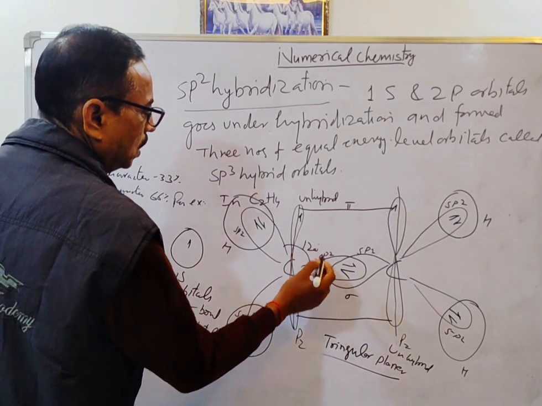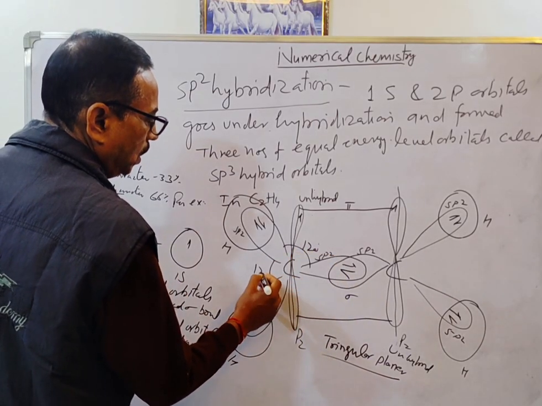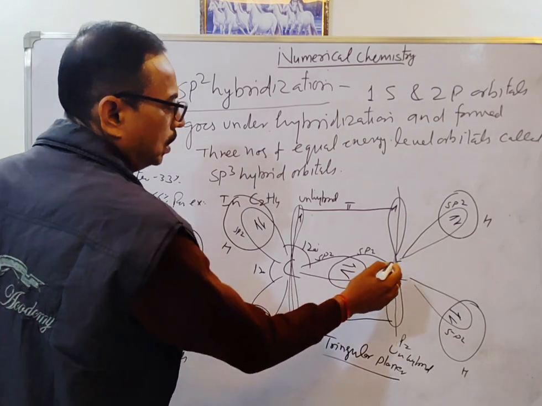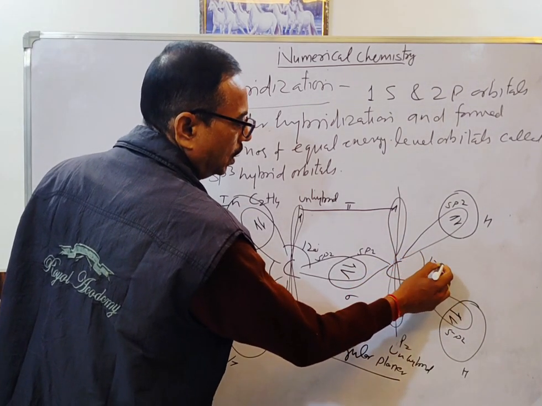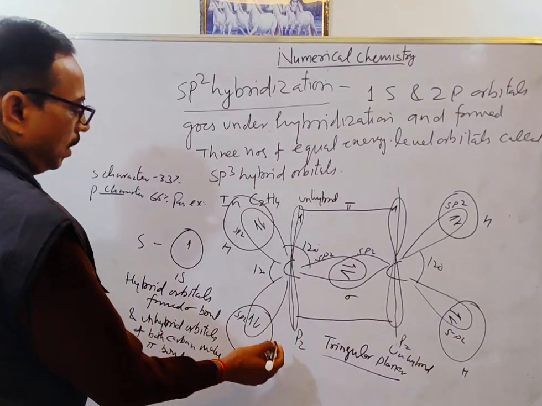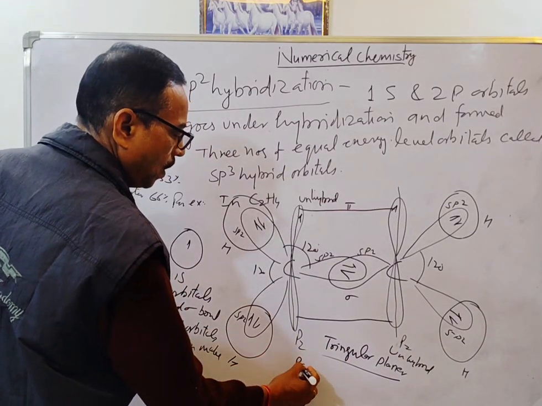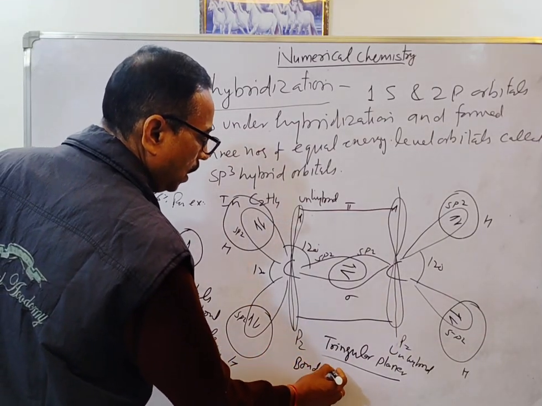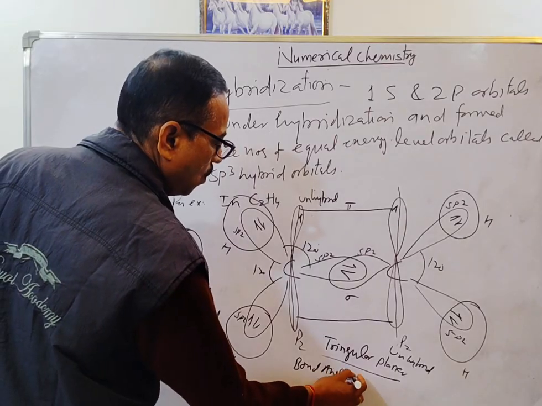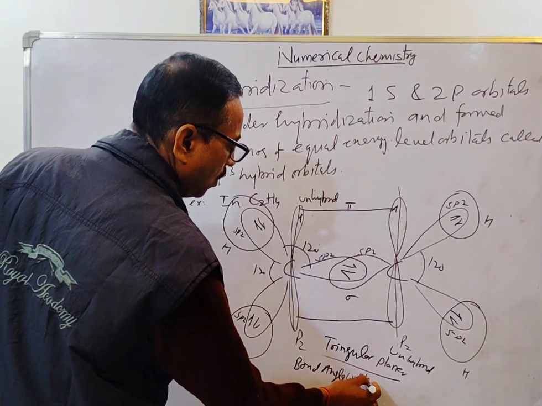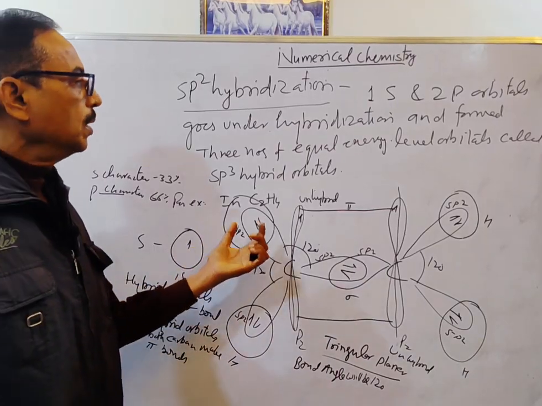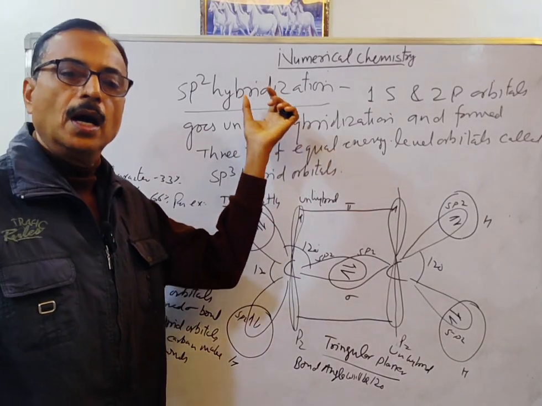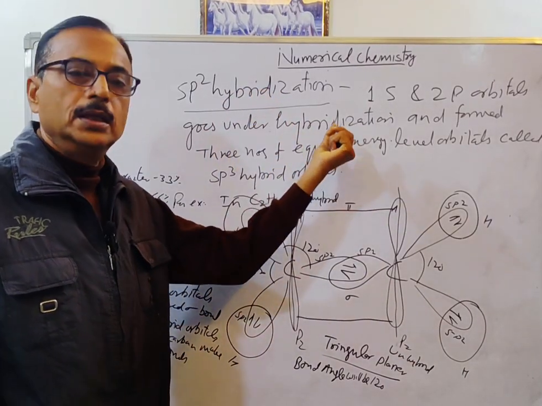This is 120 degree, this is 120 degree. So this is 120 degree between the hybrid orbitals. So the bond angle will be 120. So I think you understood what sp2 hybridization is.